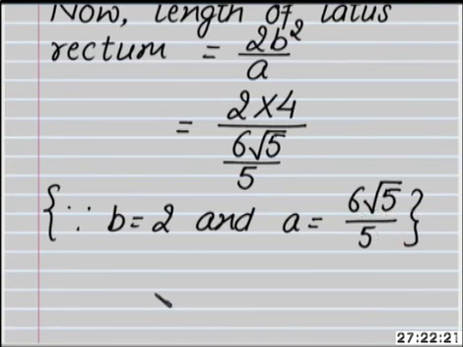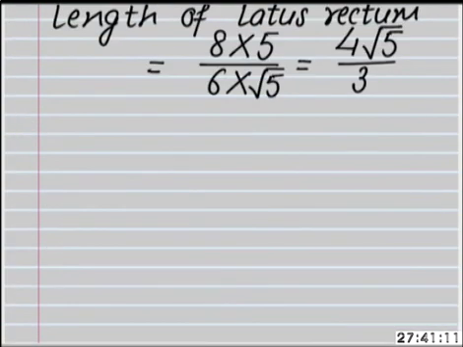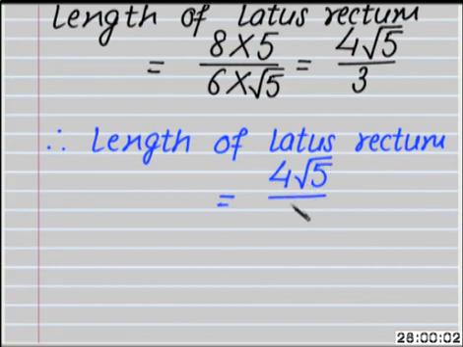So it is further equal to 8 into 5 upon 6 into root 5, that is further equal to 4 into root 5 upon 3. Therefore, the length of the latus rectum is equal to 4 into root 5 upon 3.